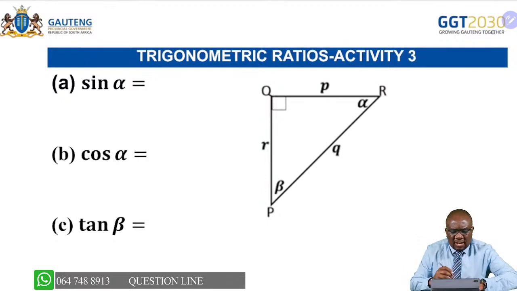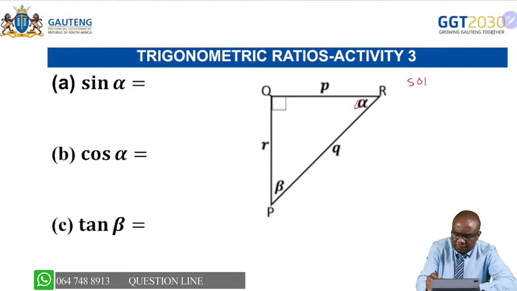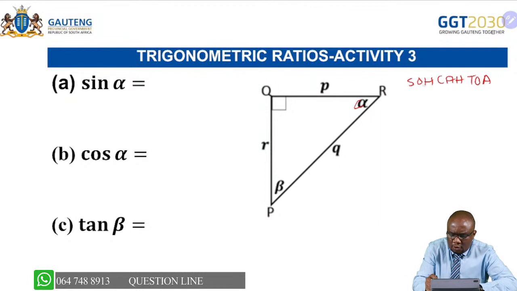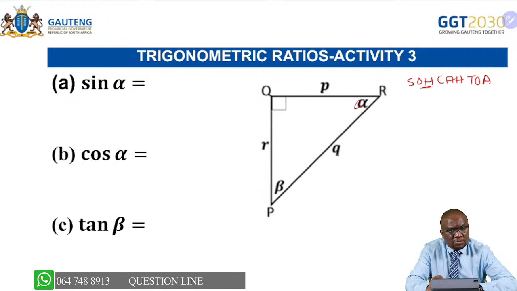What would be sine alpha? This is alpha here. SOHCAHTOA. Sine alpha is opposite over hypotenuse. The side opposite angle alpha is R. The hypotenuse is Q. So I'll say R over Q.